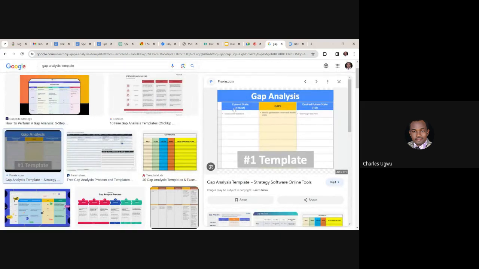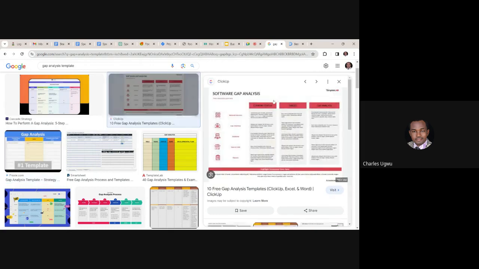This is the current state, this is the desired state, and this is the gap in between. So between the current and desired state, you find out the gap. That is a gap analysis. This is another one, a software gap analysis. This is the current status, this is the target status, and this is the gap.